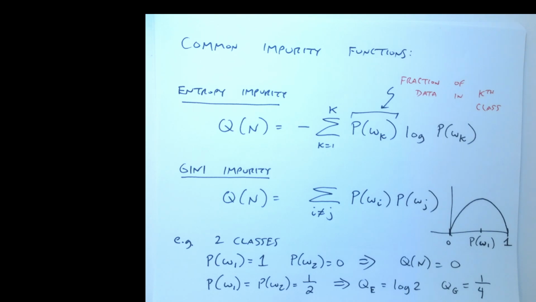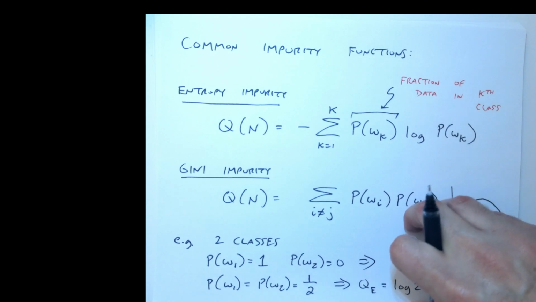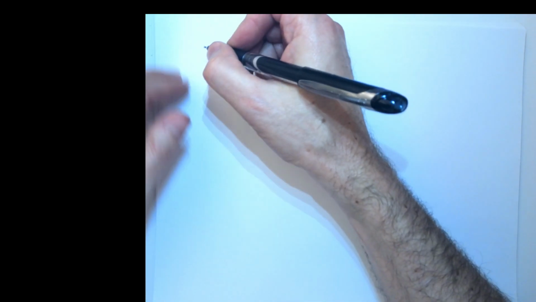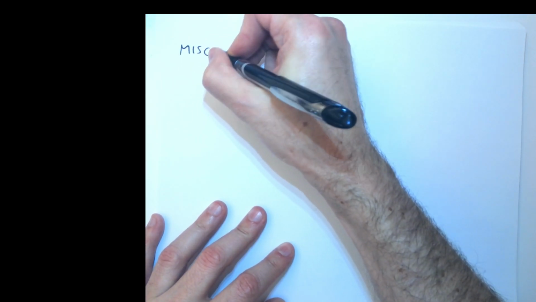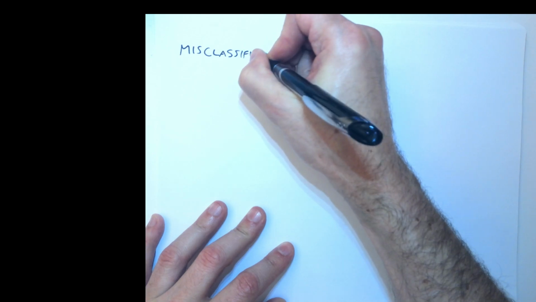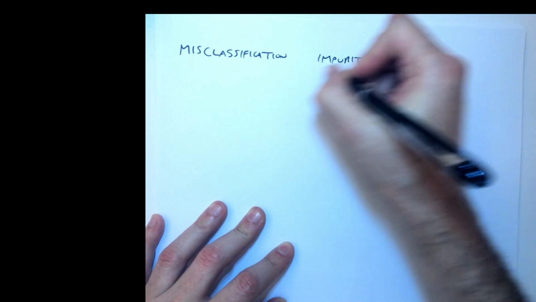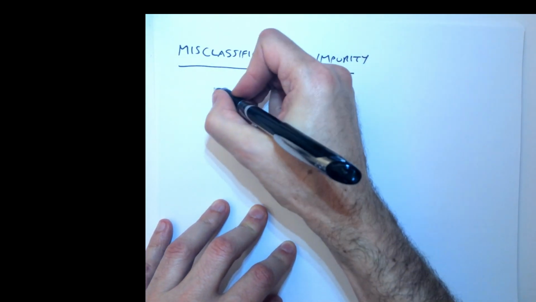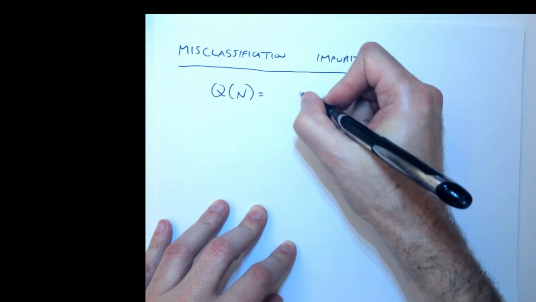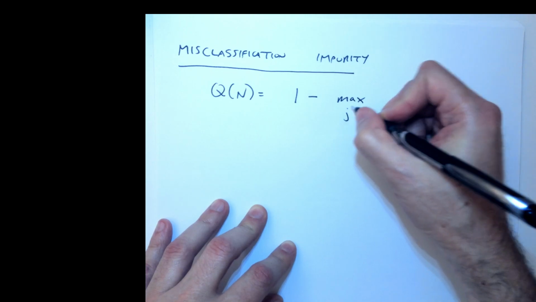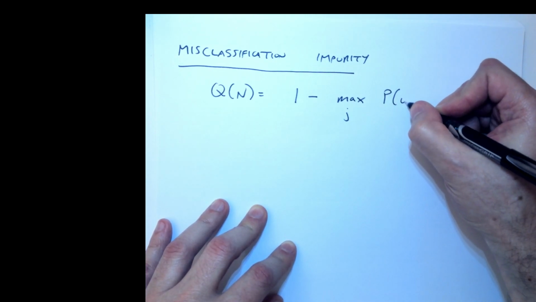Pretty simple. There's also something you could use called the misclassification impurity, just as a side note. There, it's basically 1 minus the maximum probability.